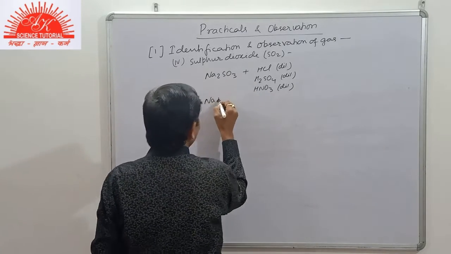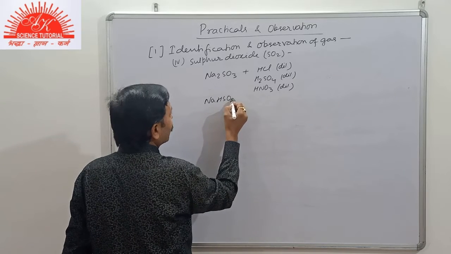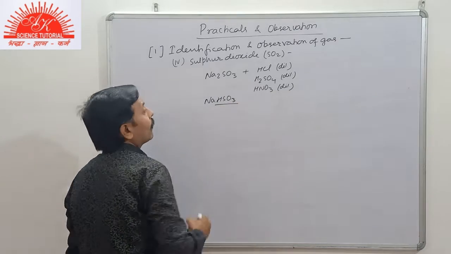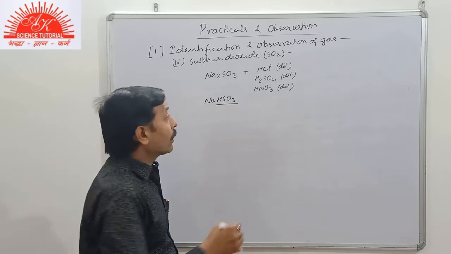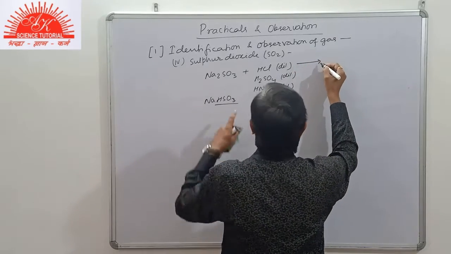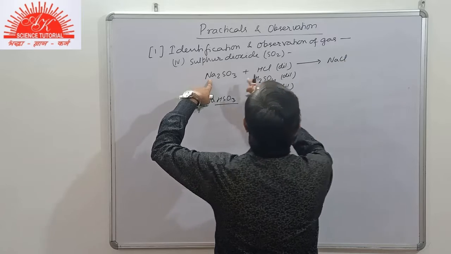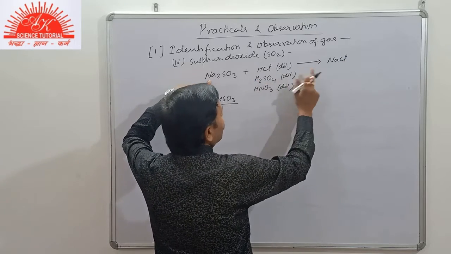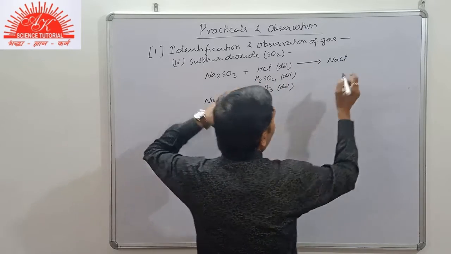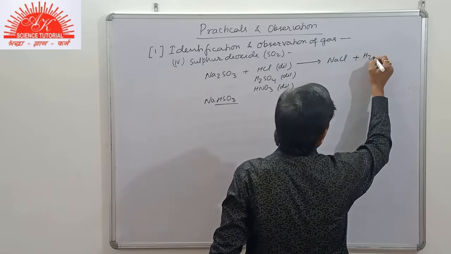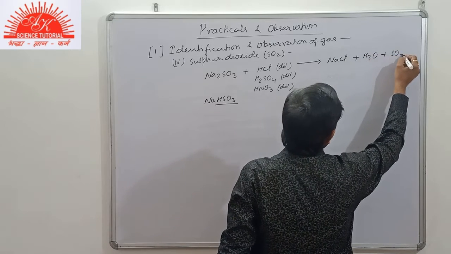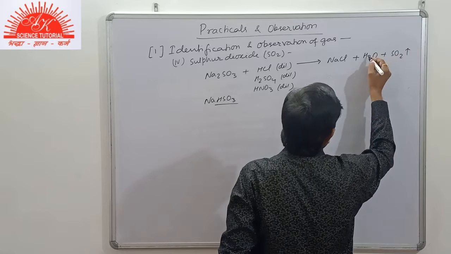Suppose we take metal bisulfite, then what will be the product? The salt of the metal. In this case there will be chloride, in this case sulfate, here nitrate, plus H2O plus SO2 gas.